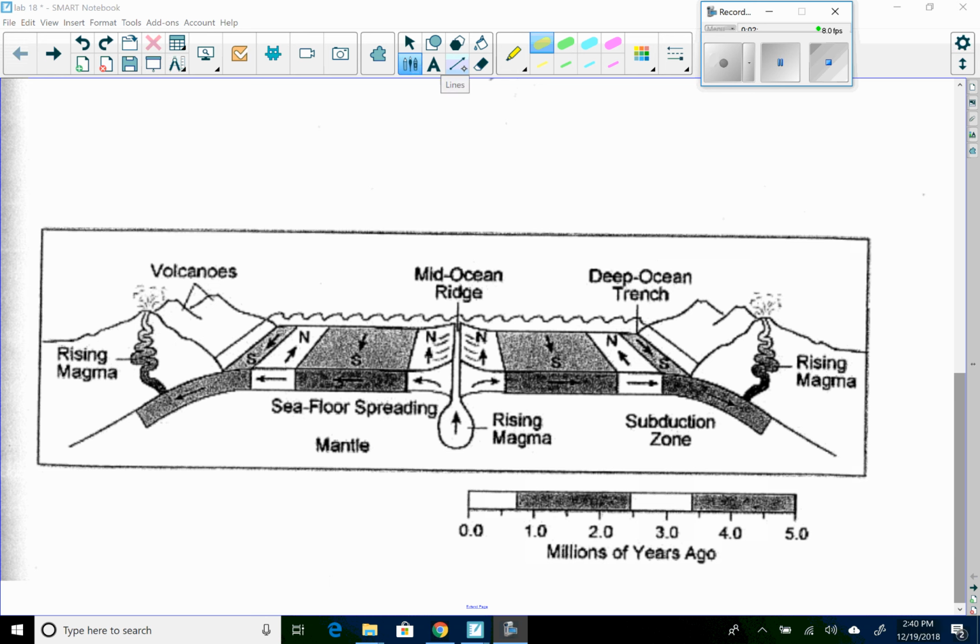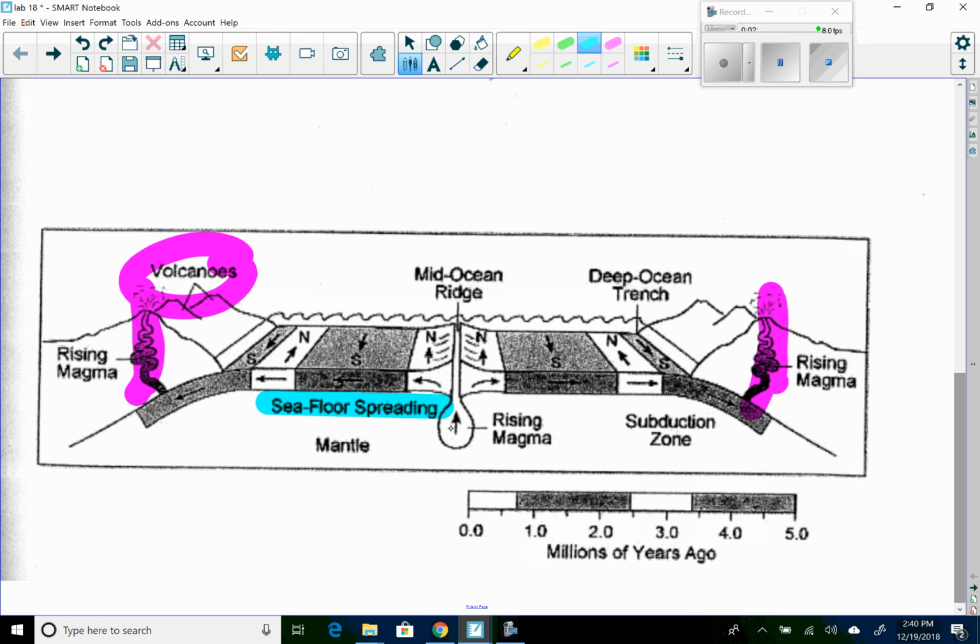All right, so in this diagram, we can see that there is rising magma on either side going into a volcano. These volcanoes over here. And then we see this is the sea floor spreading. You can see the rising magma into the mid-ocean ridge. Then the mantle, the subduction zone where the lava goes underneath the land masses.